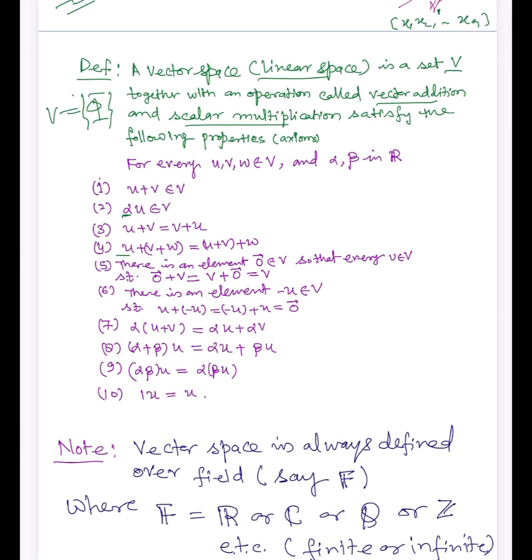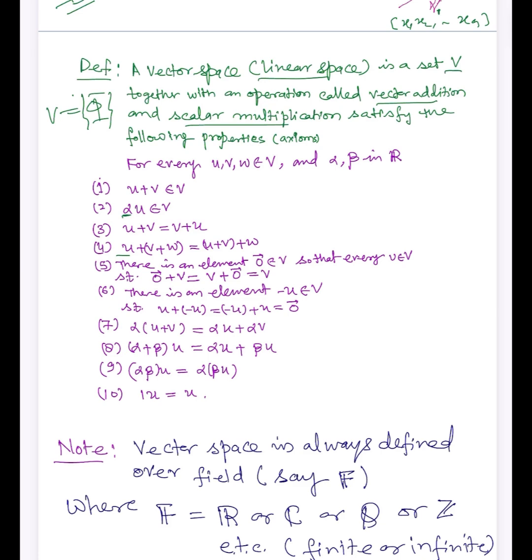So the only possibility is the 0 vector. Once the identity exists, we are able to talk about the inverse: how much I have to add to the given vector so that I get the 0 vector.